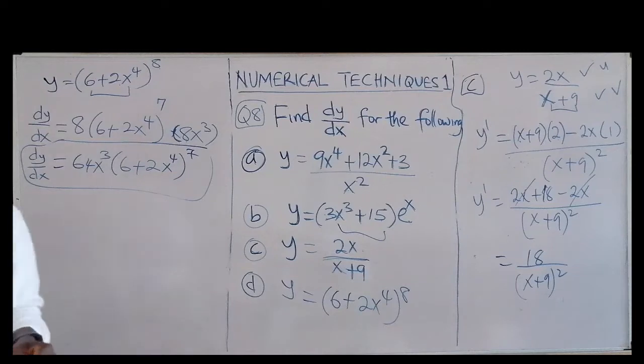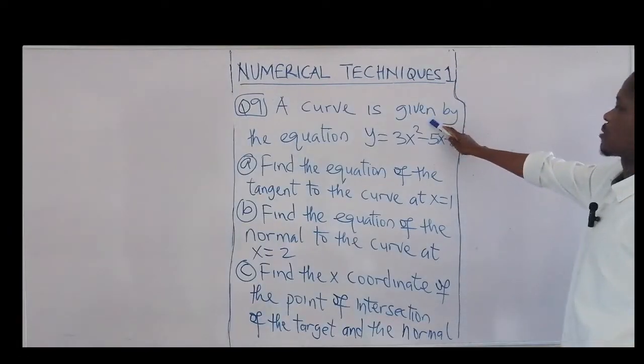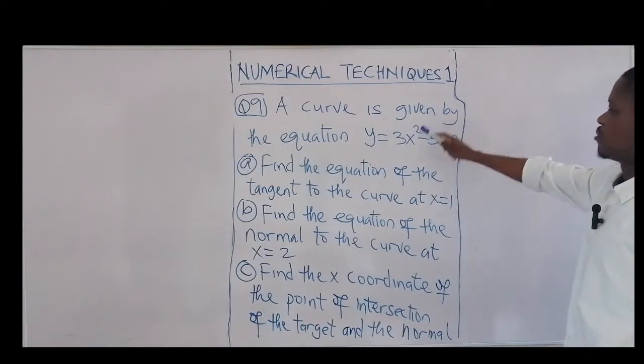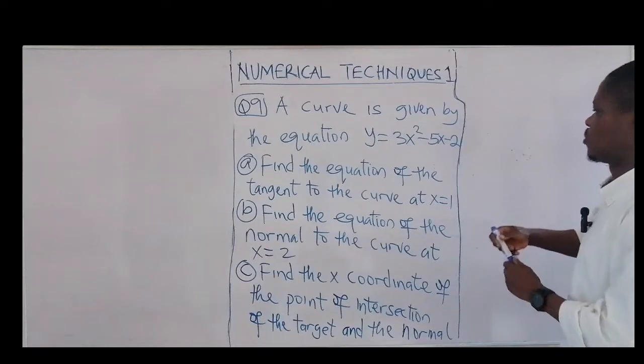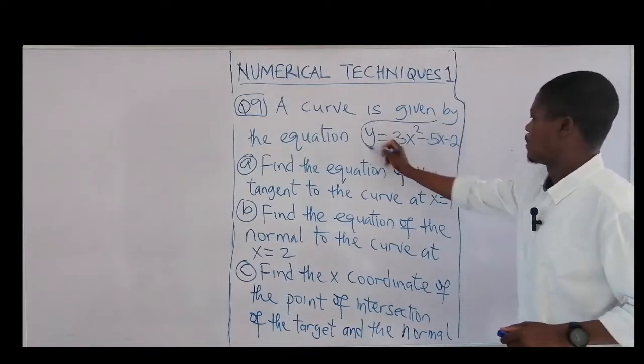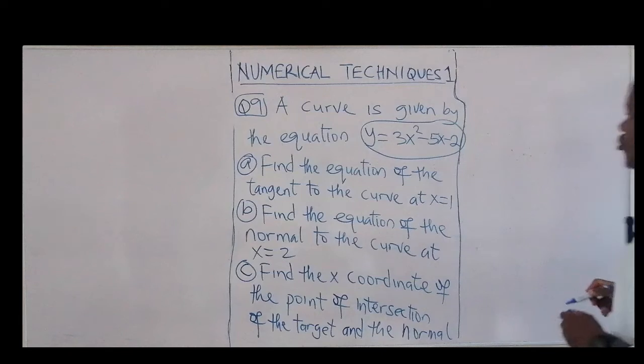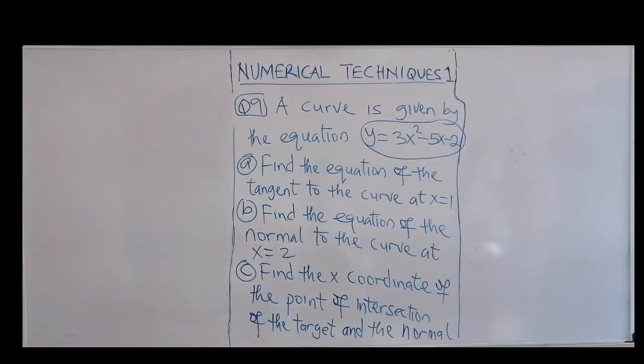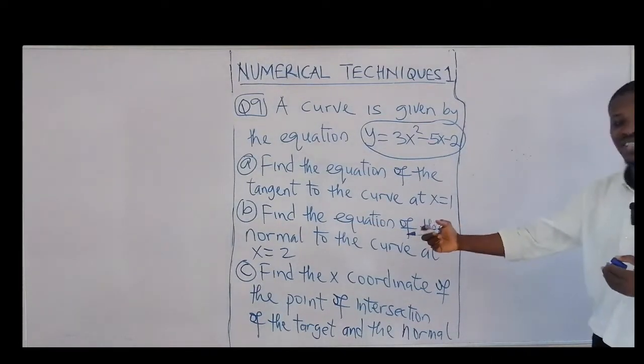Next question, question 9. A curve is given by this equation, y equal to 3x squared minus 5x minus 2. Find the equation of the tangent to the curve at x equal to 1. What we do in this case is just that we know the meaning of the tangent.